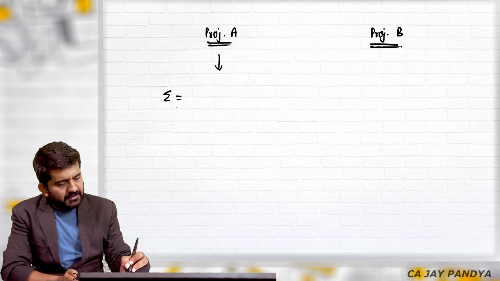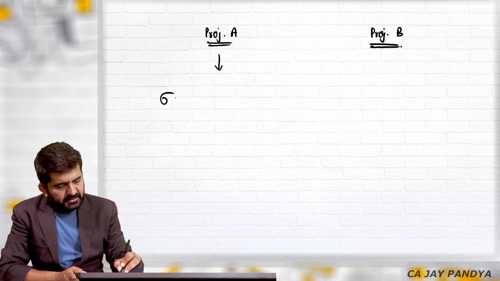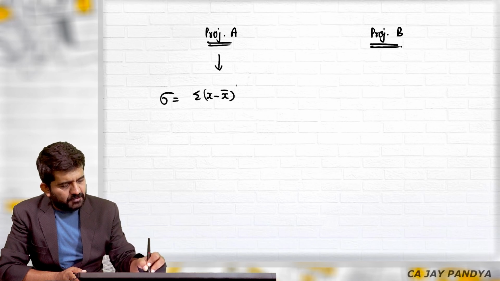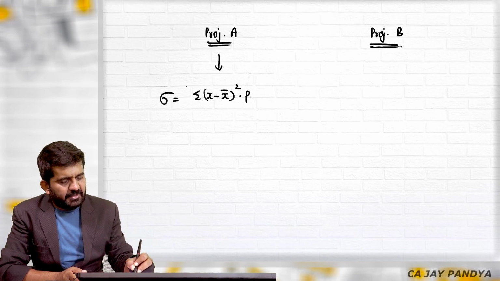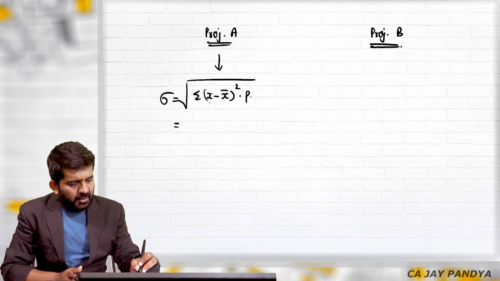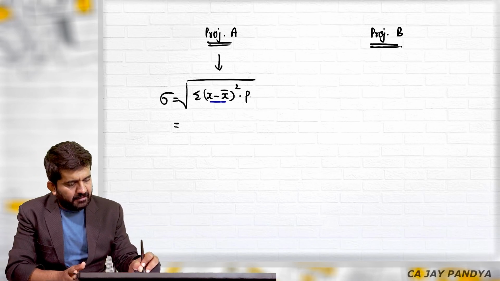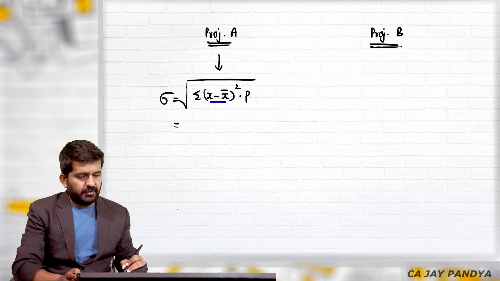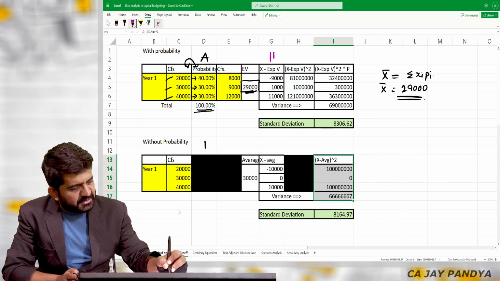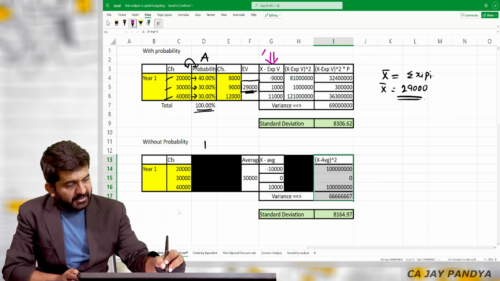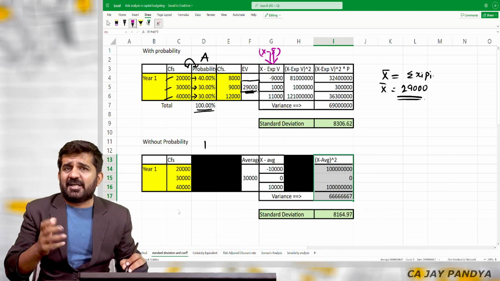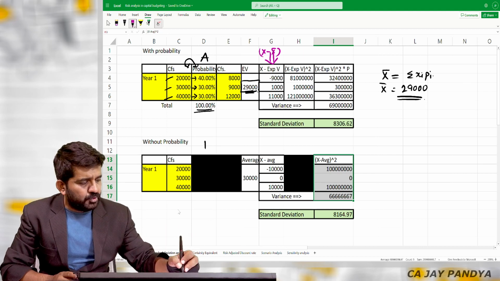Probability is there. So which formula will I be using for standard deviation? It is sigma x minus x bar whole square into p, under root. So first let me find out x minus x bar. I will need the column of x minus x bar, but x minus x bar by itself is not important for us. We need to do the square of this.